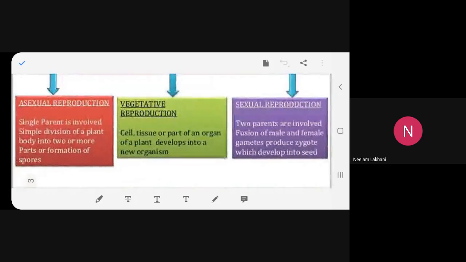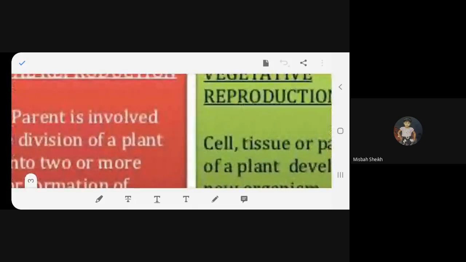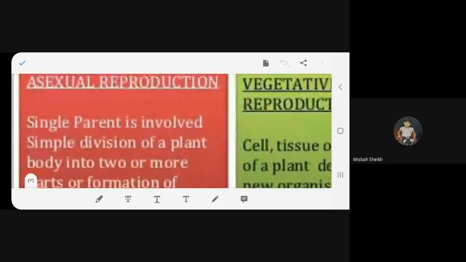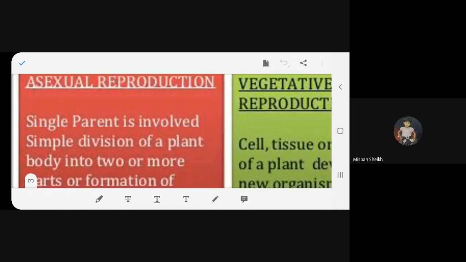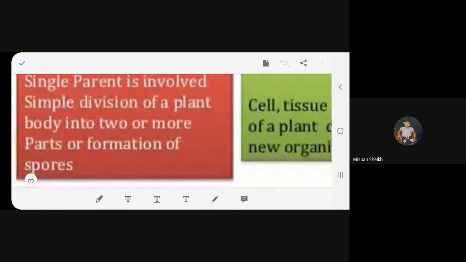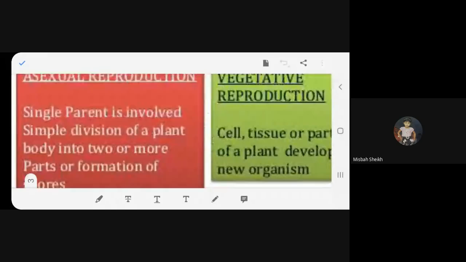One of you start reading, beta. Asexual: a single parent is involved; simple division of a plant body into two or more parts, or formation of spores. That means in asexual reproduction, only one parent is involved.